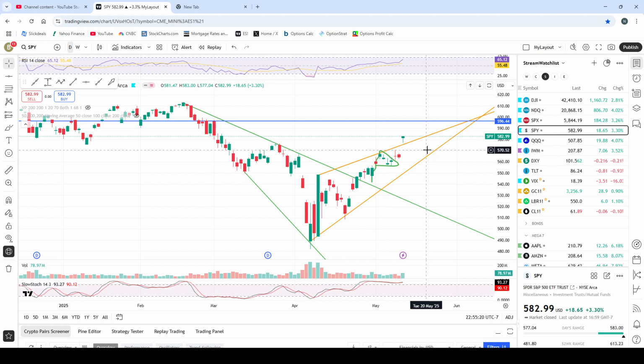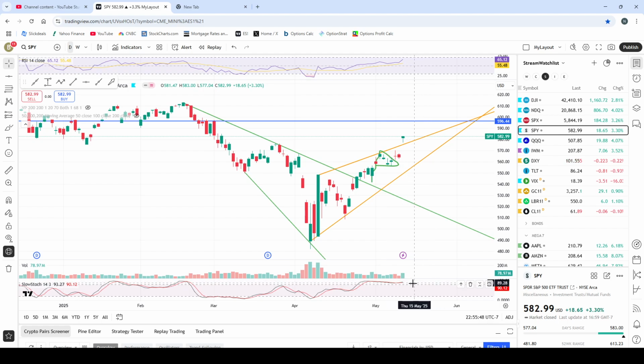So now let's say SPY, this has been going up a lot for the past 2-3 weeks now, right? And we look at the stochastic with 90 and 93 to tell you that this has been in overbought.